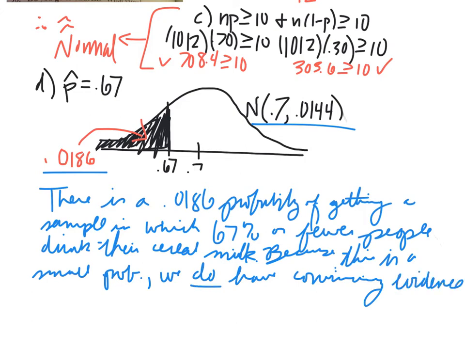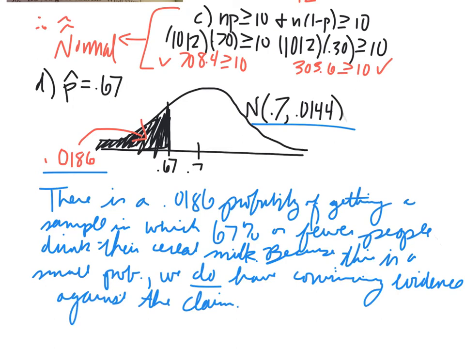Okay, let's talk about this for a second. If you're a little bit confused, why? What we're saying here is, if we actually did a sample of 1,012 people and we got 67% of them who drink the milk, because this sampling distribution is normal and we can calculate the mean and the standard deviation, we can find some probabilities.